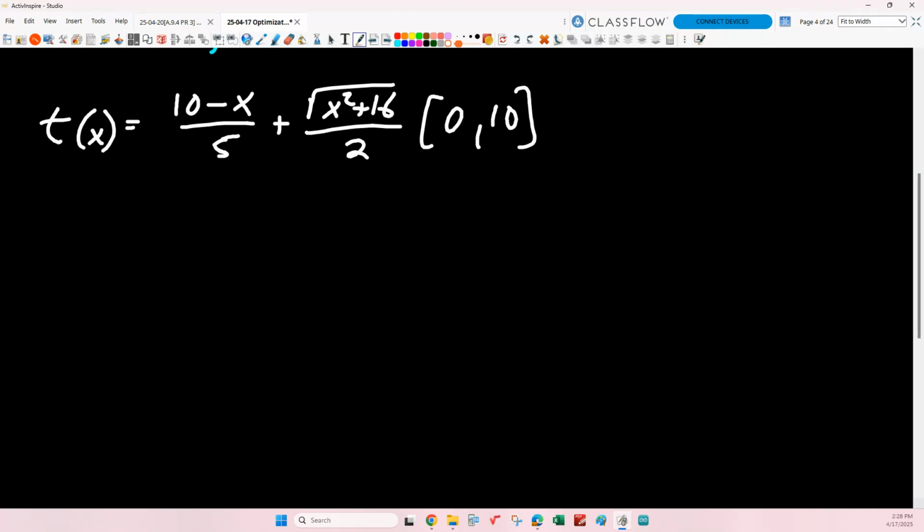And now we just flip into calculus mode and make a table. Okay? From this point on, it's just stuff you've been doing. This is a little tougher function because it's got a radical in it. Okay, let's do it though. What's t prime?